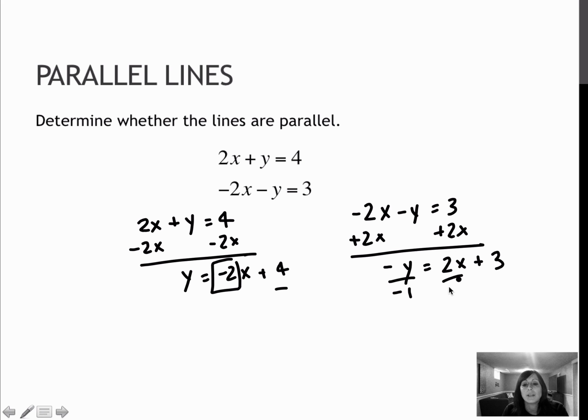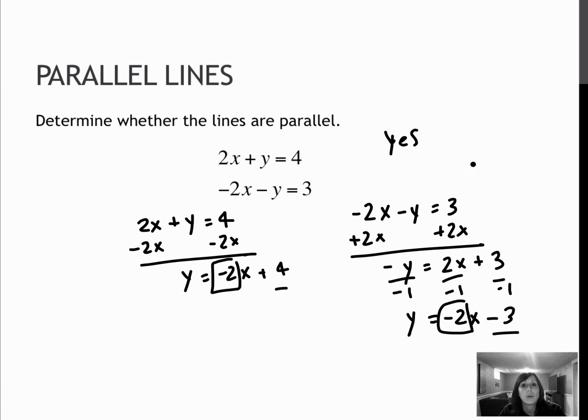Again, I'm going to divide by negative 1, which gives me y equals negative 2x minus 3. Same slope, different y-intercept, so yes, these lines are parallel. Of course, I could also graph these lines and see if they're parallel, but this is the mathematical way to do it.